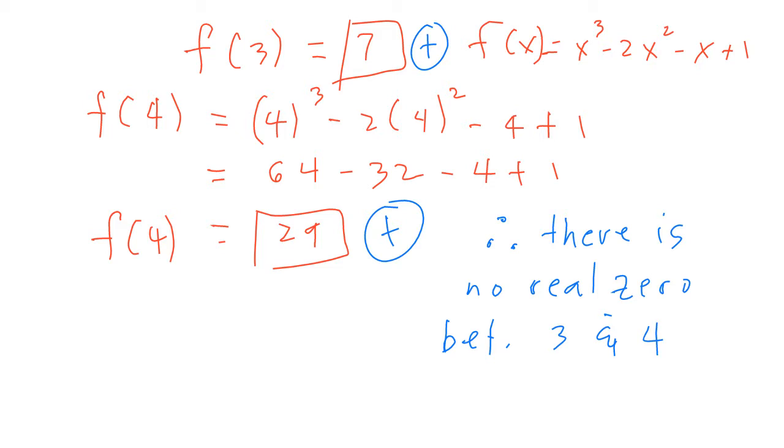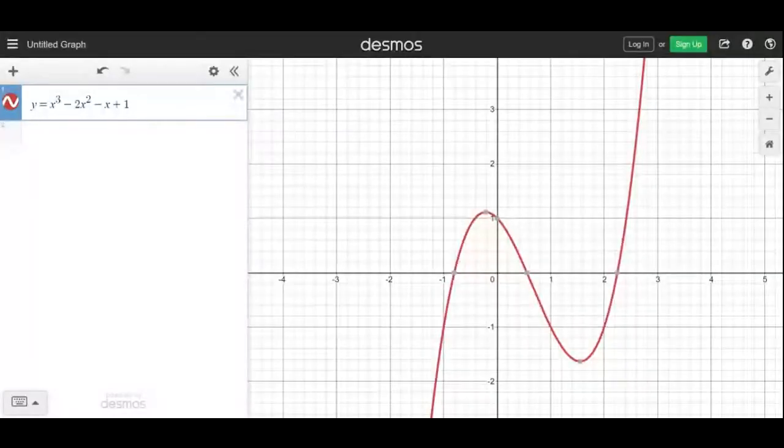Okay, so I want you to look at the graph one more time. This is what we're looking for, the values 3 and 4. We're going to put up the graph again and see that part of it.